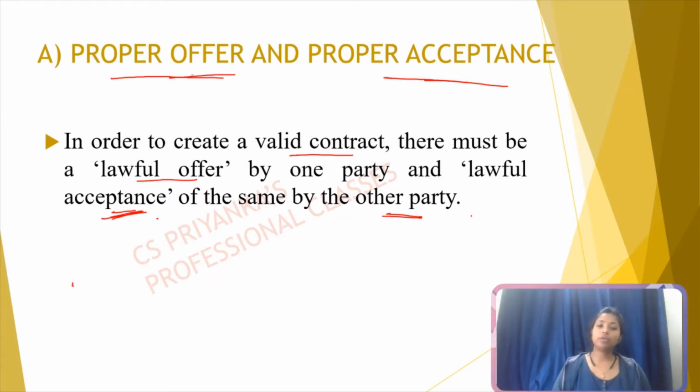So the first essential we have to keep in mind in a contract is that there should be a proper offer. That means you should have some evidence, like a written offer, advertisement or newspaper cutting, etc. Also the other party should accept in the same way, like by sending a letter or by sending an email or by call, etc.